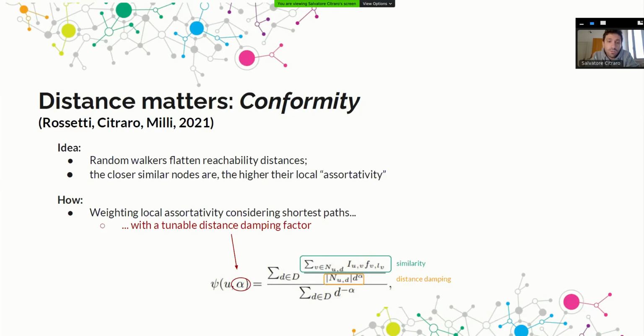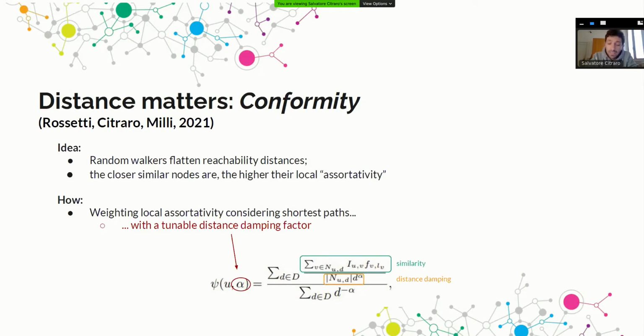And basically, for each target node, we calculate a similarity component for each neighborhood at different hops, and then we dampen all these similarity values of each hop according to a decay factor that can be sublinear, linear, or nonlinear.